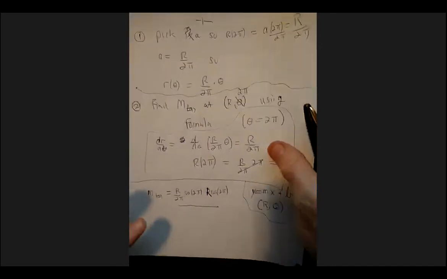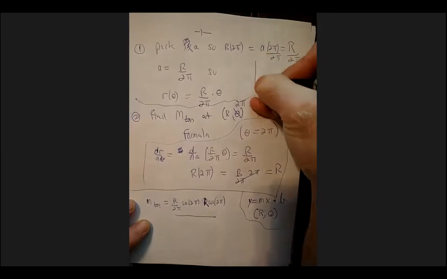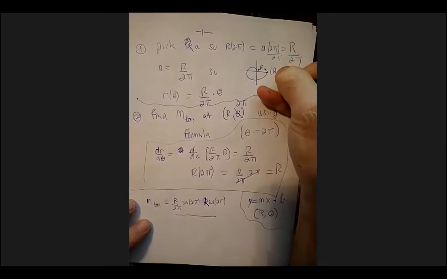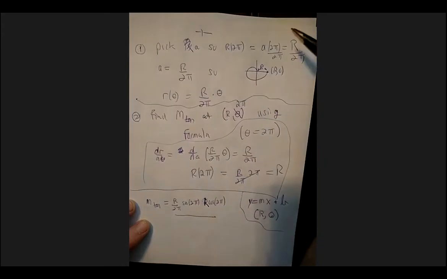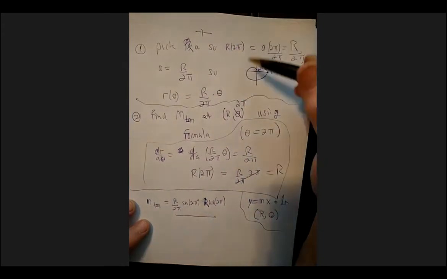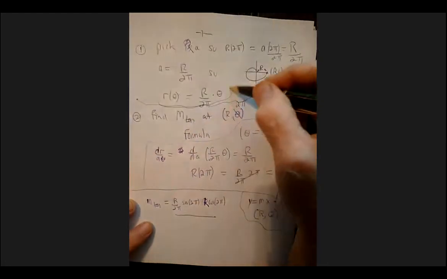So here's the idea. We want one turn here. We want this distance here to be r. So we want this to be the point (r, 0). And so we figure out that since we want to end up at r when we go 2π, one turn of the spiral, we have to have this equation. Okay.